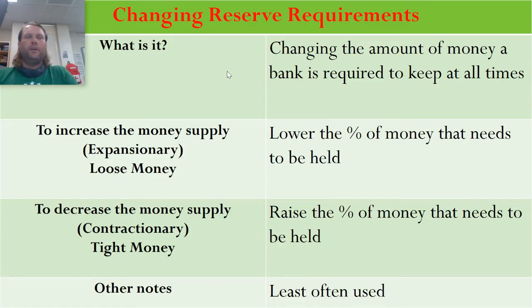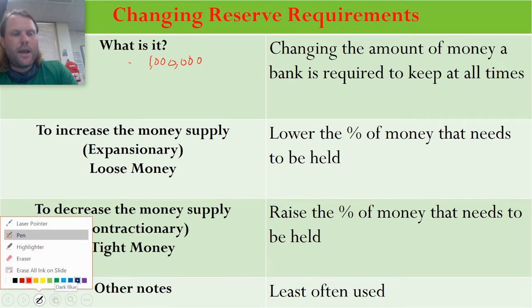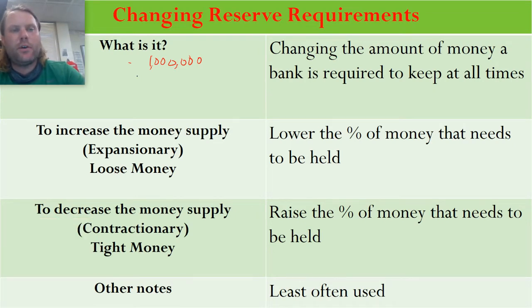Now, currently, banks can loan out... Let's say a bank has $1 million in it. Now, if we set this reserve requirement at 10%, that's a reserve requirement, that bank can loan out 900,000.